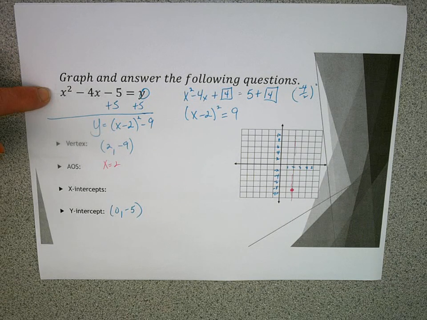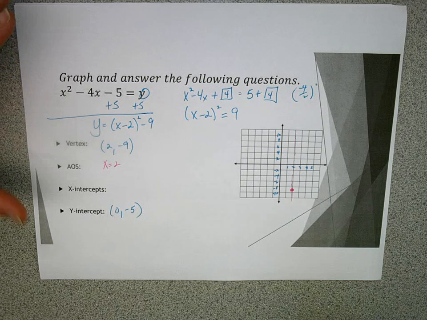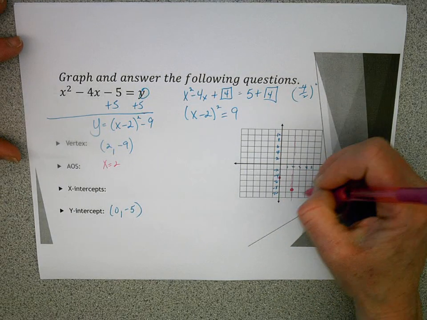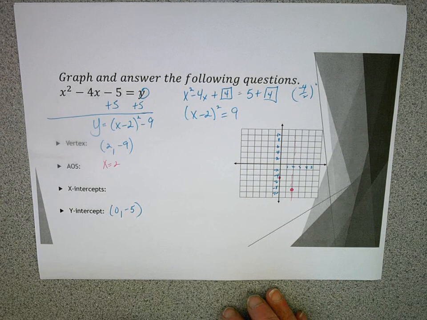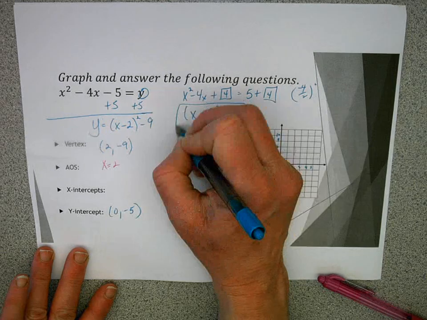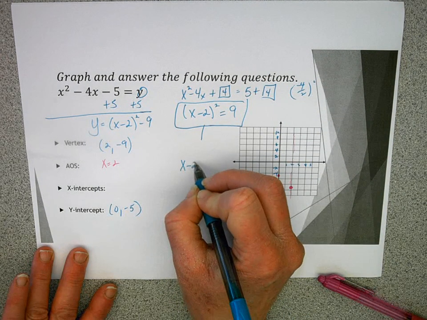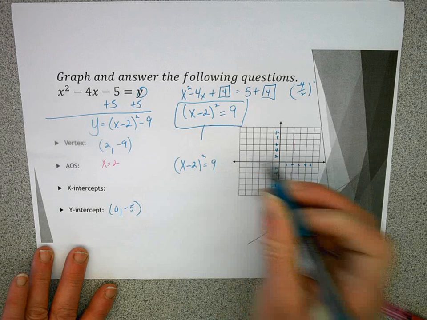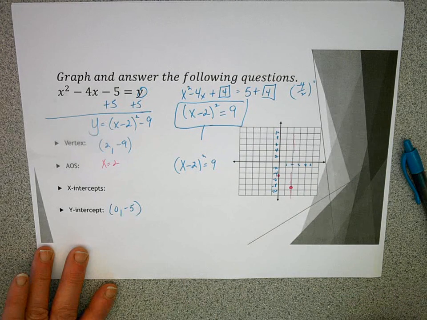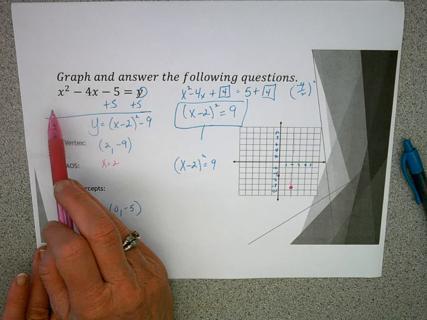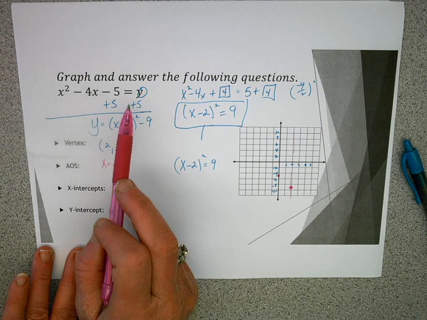The last thing, if I want to put my y-intercept, I do have that, so it should just be open. I want to find the x-intercepts. So we go back to this, and we solve by square rooting. Now, if you wanted to, in the beginning, complete the square and solve it that way, you would also get your x-intercepts.